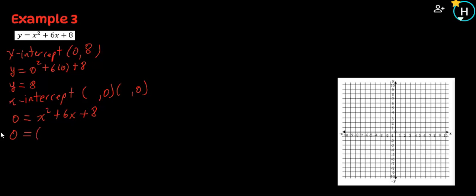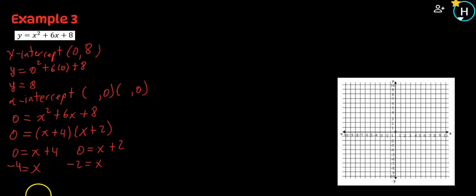In this case, it is x plus 4 times x plus 2. Now, we have to equal each factor to 0. 0 equal x plus 4 and 0 equal x plus 2. And solve each linear equation. X equal negative 4 and x equal negative 2.